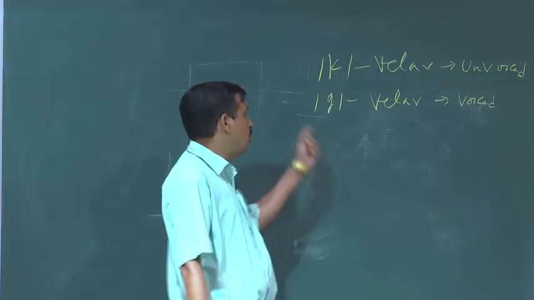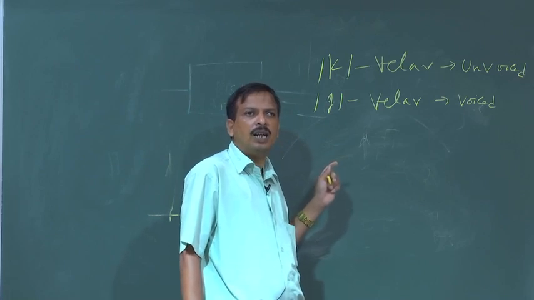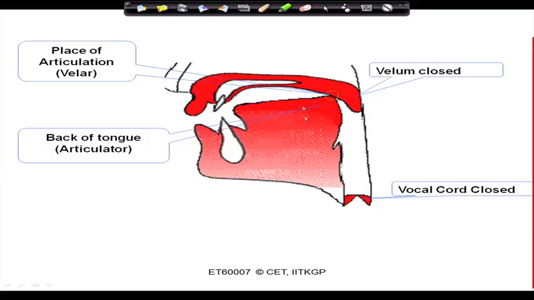Okay. So, that is why we call it a plosive sound. Now, during the plosive, there are two kinds of movement. If you see here, the articulator has to be released. If it is released, then a plosive will happen.